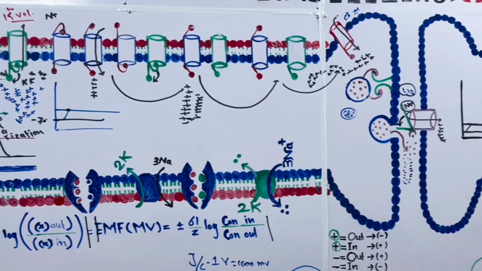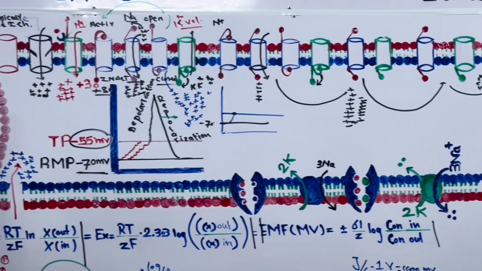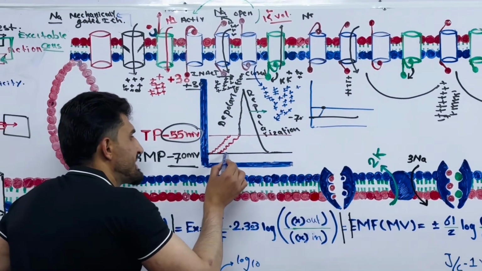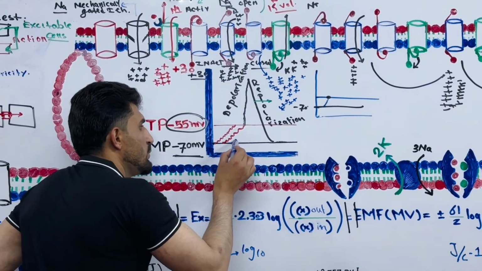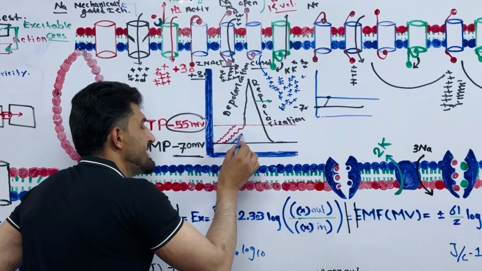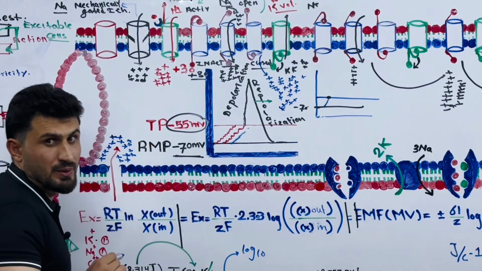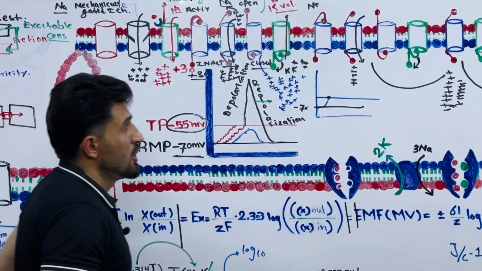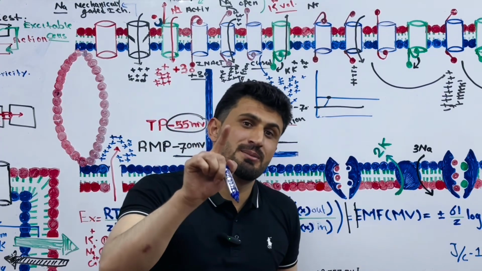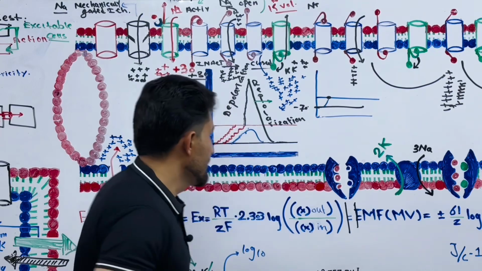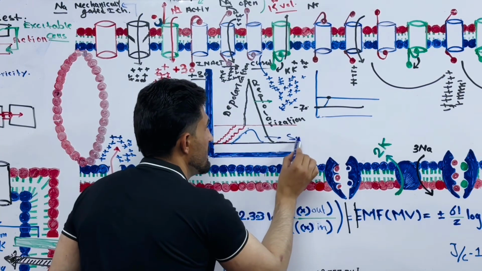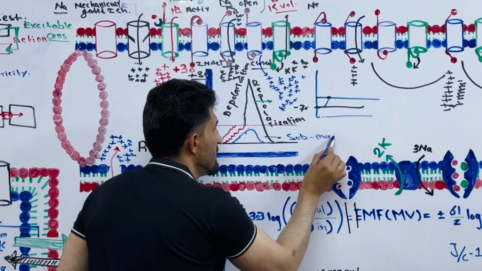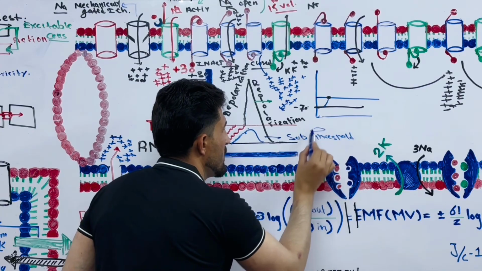Now, listen to me carefully, if this stimulation is weak and it doesn't touch our threshold potential, it doesn't cause production of action potential. Keep it in your mind, and this is called sub threshold potential.